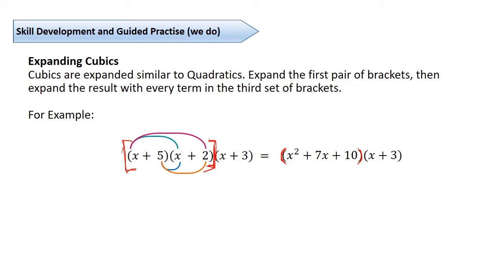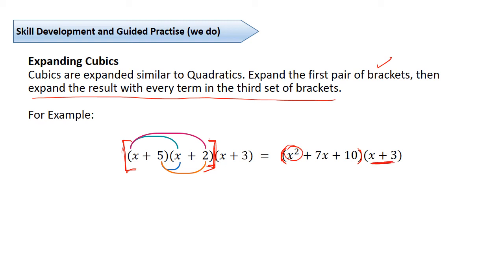Then we can expand the result with every term in the third set of brackets. So now we're not quite going to FOIL, but we are going to multiply every single term in this first set of brackets with every single term in that second set of brackets. So let me show you what I mean.